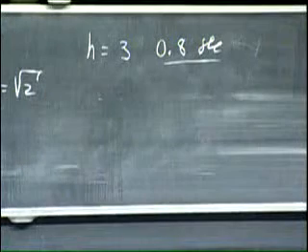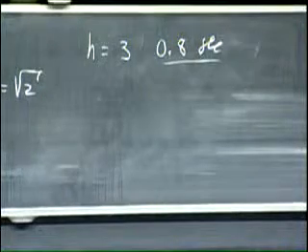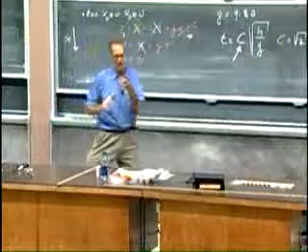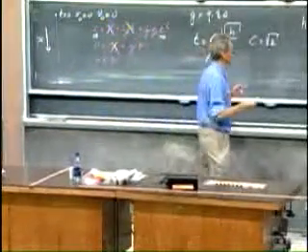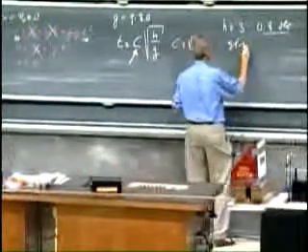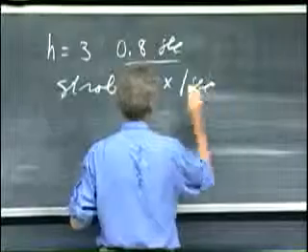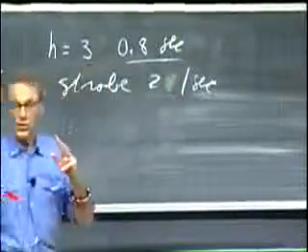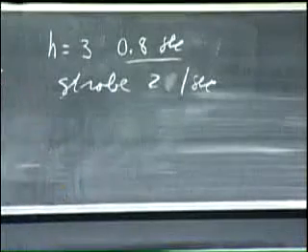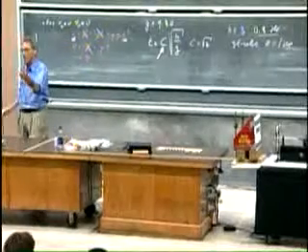If I flash, if I strobe it twice per second, we call that 2 hertz, so my strobe is 2 times per second, then I should hit that ball when it's falling twice with my strobe light.